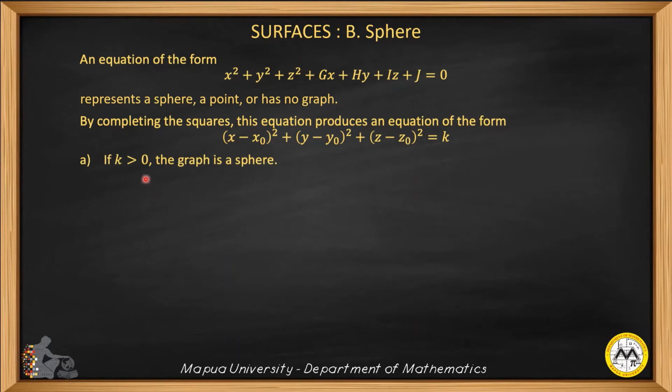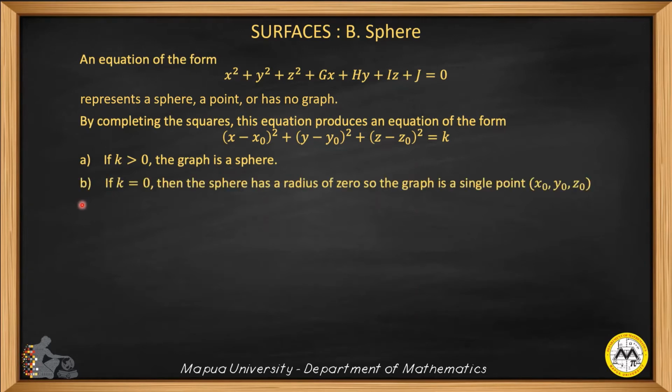Now, if k is positive, then the equation represents a sphere. But if k is 0, then the equation would represent a single point. And if k is negative, then the equation will have no graph.